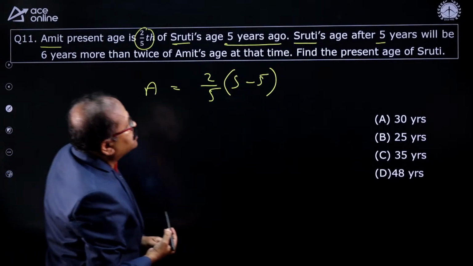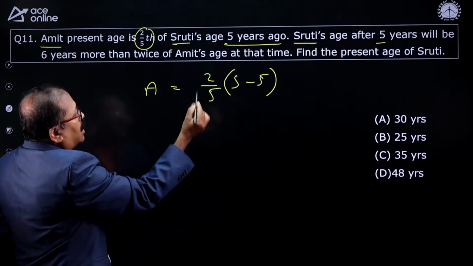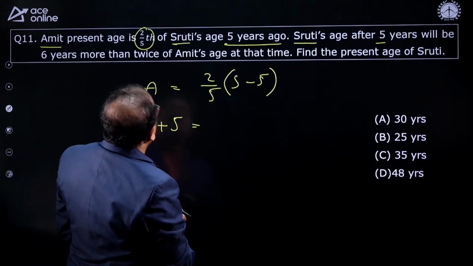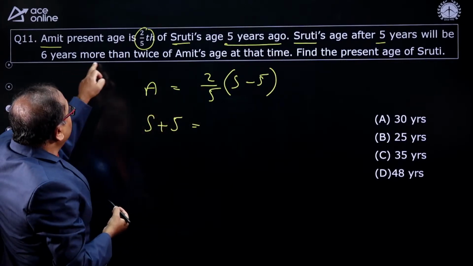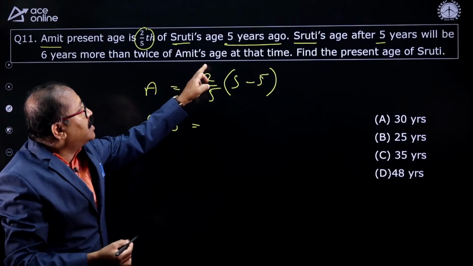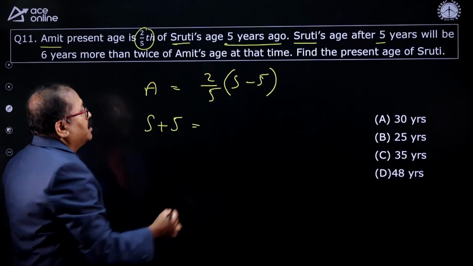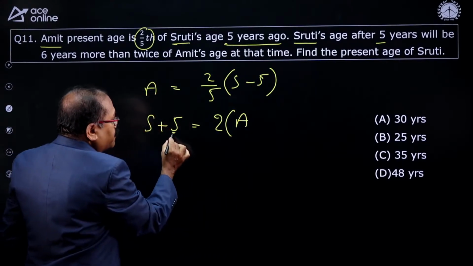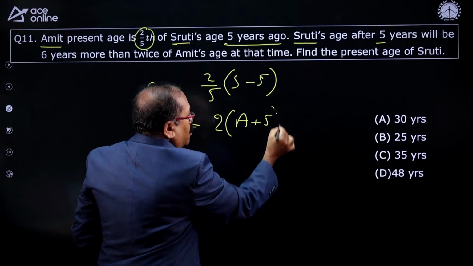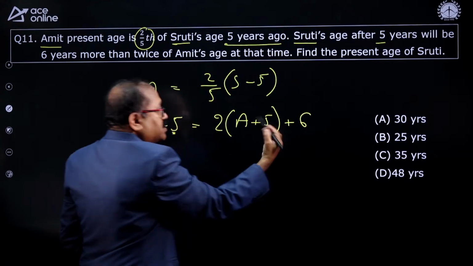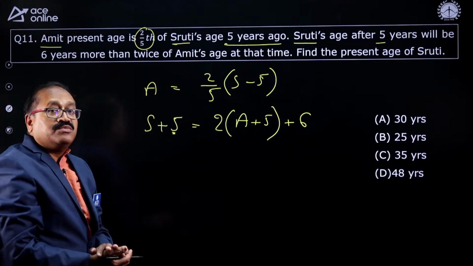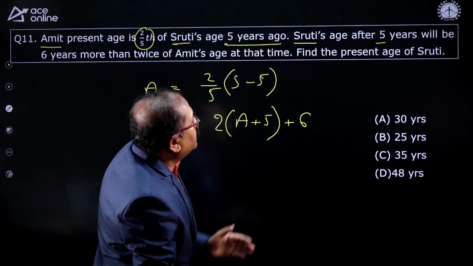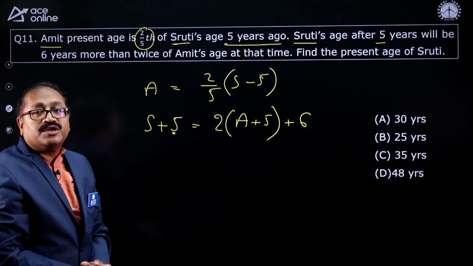So what is given? Shruti says after 5 years, S plus 5 will be equal to 6 years more than twice Amit's age at that time. So 2 times Amit's age at that time, that means after 5 years. And how much more? 6 years more than twice Amit's age at that time. What's the question? Find the present age of Shruti.